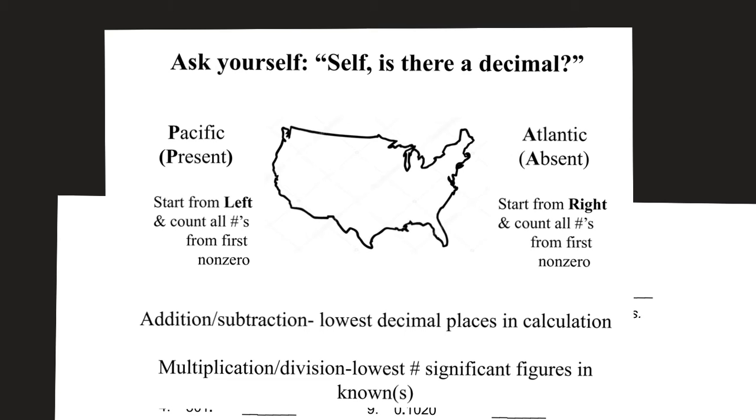And again, I'm going to count all the numbers from the first non-zero. So I'm coming from this side, I've got a 0. This is my first non-zero number, so I'm going to count it. Once I start counting, I'm going to count everything until I run out. So 1, 2, 3, 4. So once I start counting at that first non-zero, I just count till I run out. So this number would have 4 significant figures.